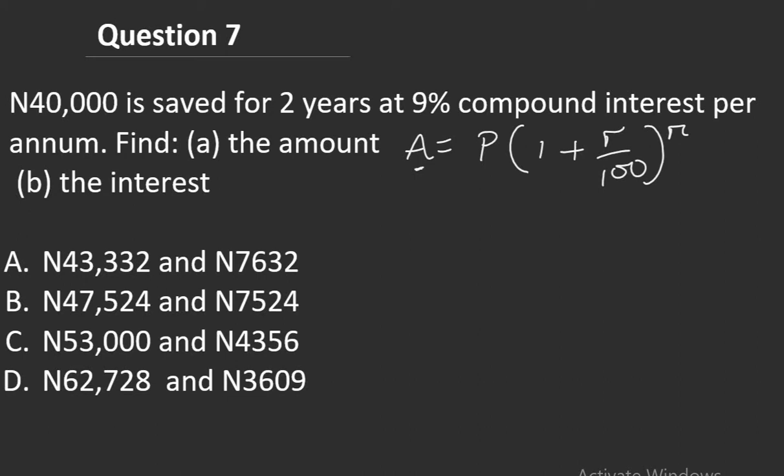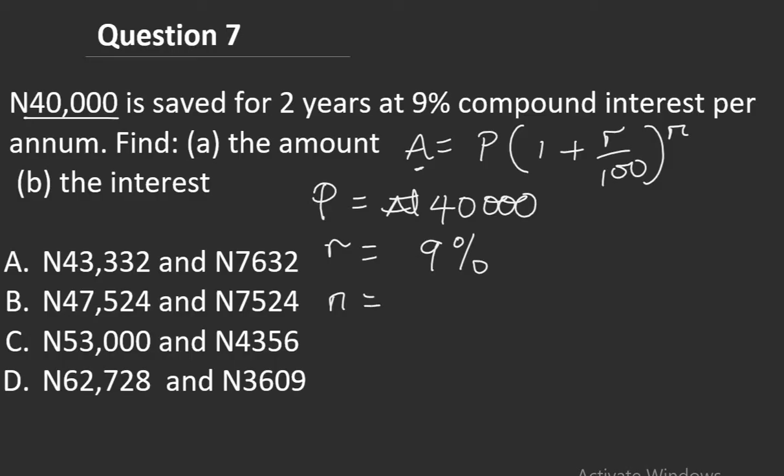In the question, P is equal to 40,000. R is equal to 9%. And n, which is the time or the number of years, is 2 years.